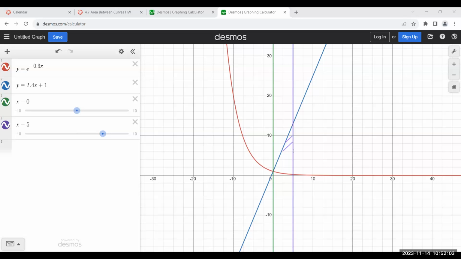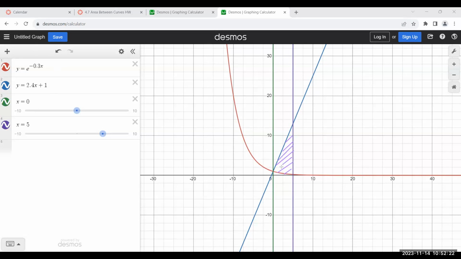This right in here. And I'm noticing that this area that I'm shading, the area enclosed by the region created by these equations right here, we have the line on top.